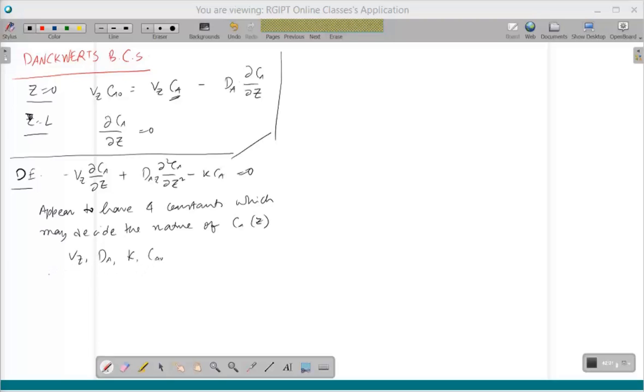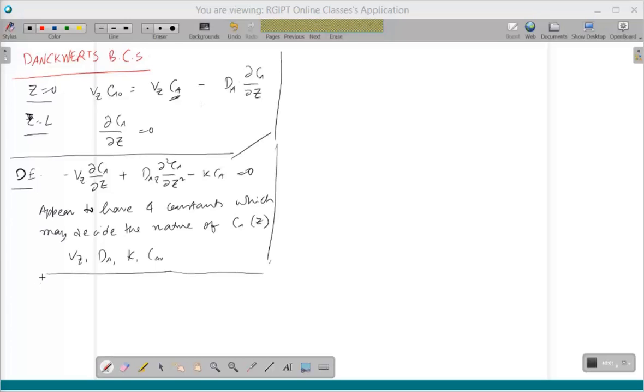But it turns out that actually you only need two constants in some kind of combinations of these. That is what we try to do when we non-dimensionalize a problem. So let's non-dimensionalize, and you all remember the procedure. You have two variables, Ca and Z. You have to look at the scales of these variables in the problem and divide by that scale to find the non-dimensional variable.